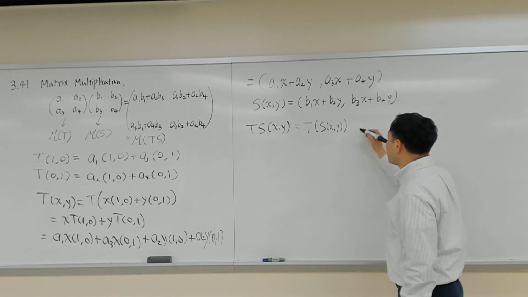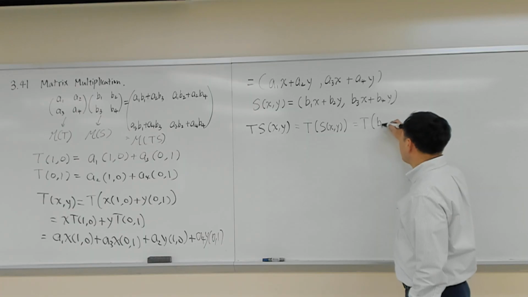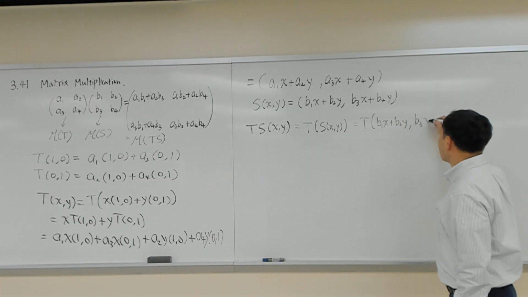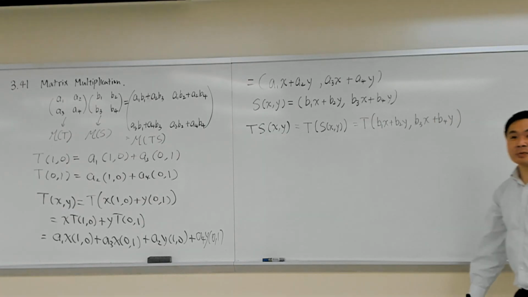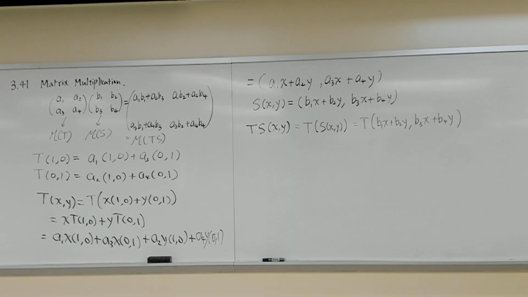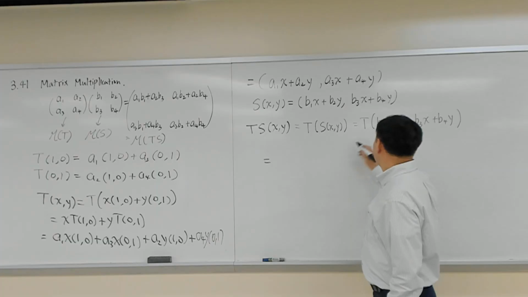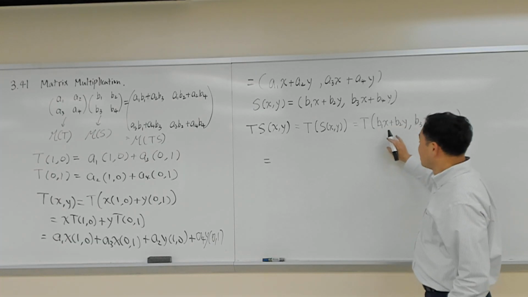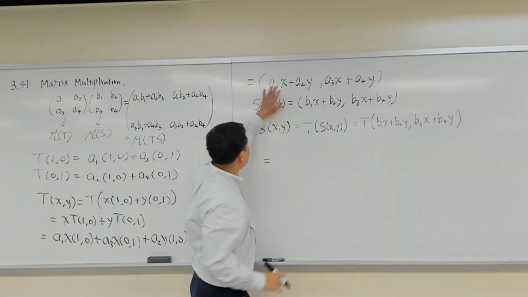And what is that S(x,y)? We have it right here, right? So T of (B1x plus B2y, B3x plus B4y). And yet, we still need to plug this into T, but it's a bit confusing because I have T(x,y) as this formula.